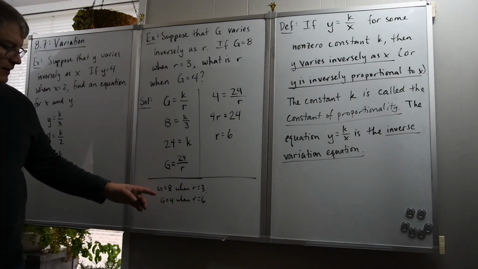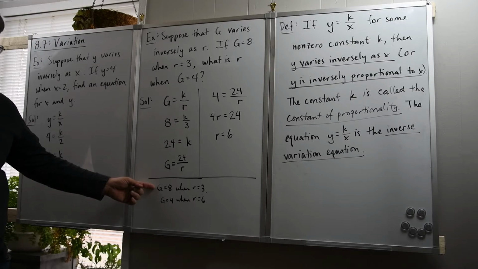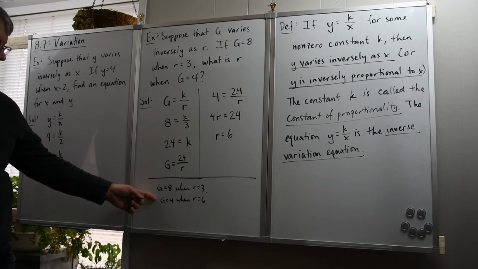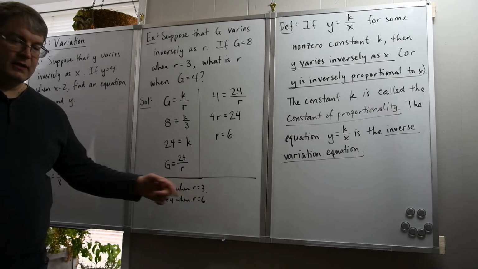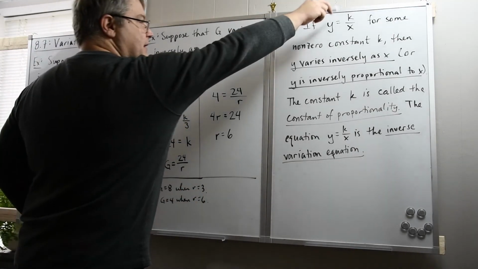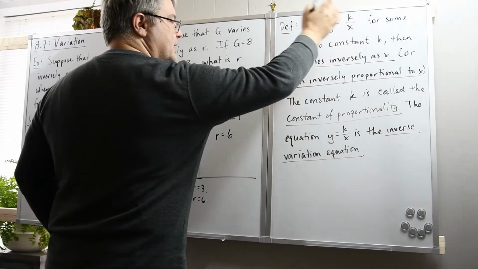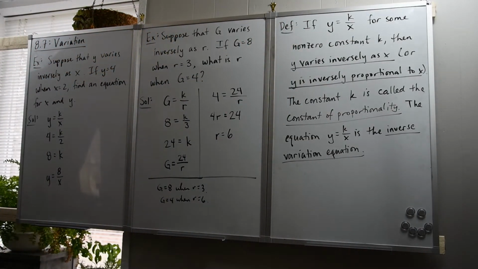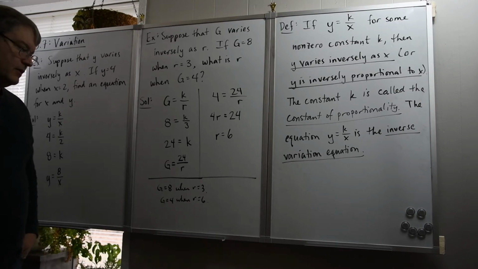So what we see from this is when we decreased G from 8 to 4, R actually increased from 3 to 6. So this goes back to that idea that if you have a positive K here, decreasing the x is going to increase the y, increasing the x will decrease the y.